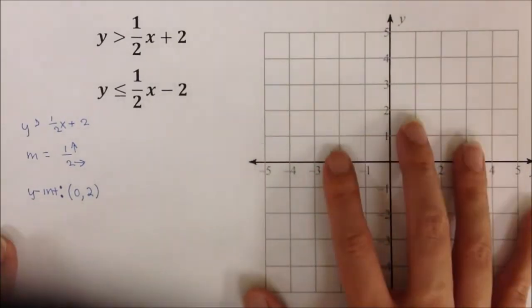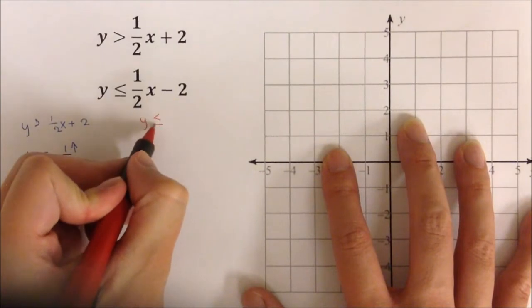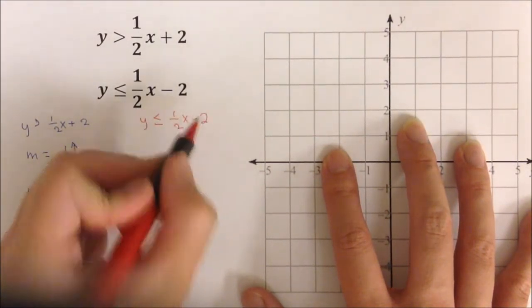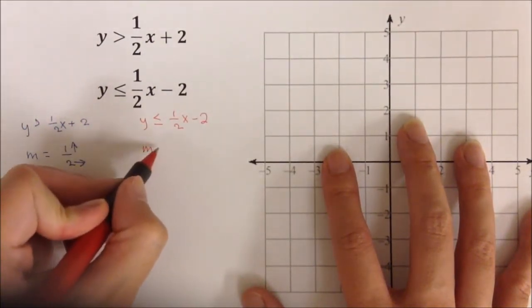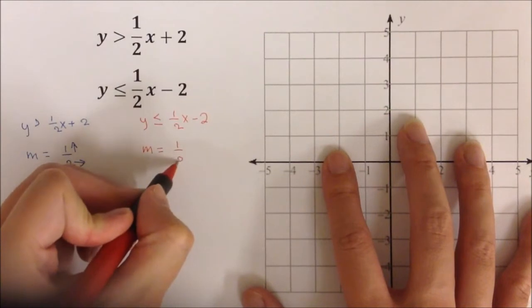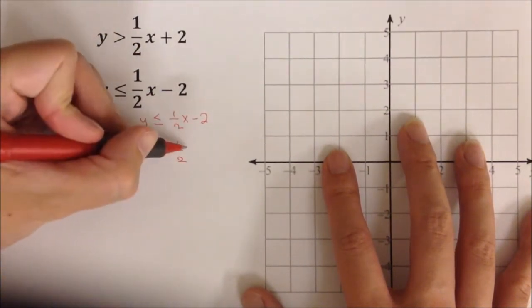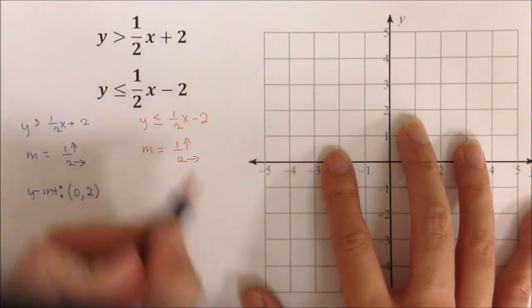Now let's work on the second one. y less than or equal to 1/2 x minus 2. So again, the slope is the number in front of x, so positive 1/2. In this case, since it's positive, it means up 1 and then right 2.